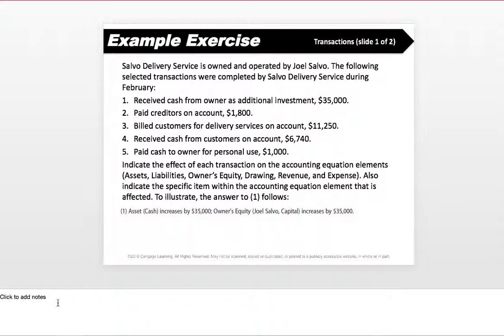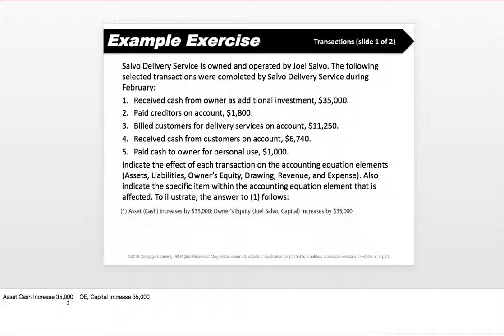And so what you'll do here, I think you can see where I'm typing here, is the asset cash is going to increase $35,000. And then you'll know that the owner's equity account capital will increase $35,000.